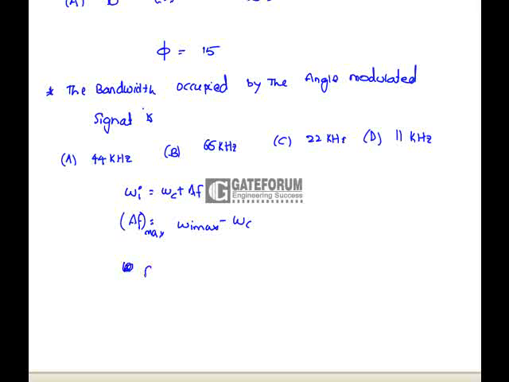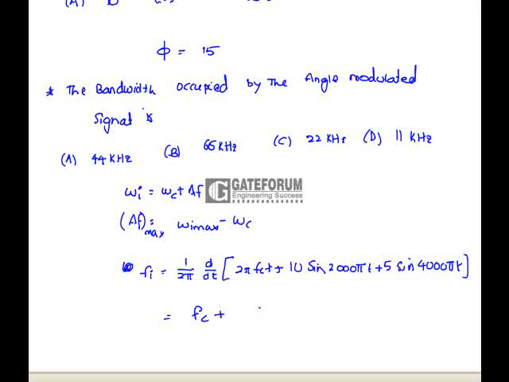So f i is equal to 1 by 2 pi d by dt of 2 pi fc t plus 10 sine 2000 pi t plus 5 sine 4000 pi t. Now if we differentiate, we will get fc plus 20,000 pi plus 20,000 pi.